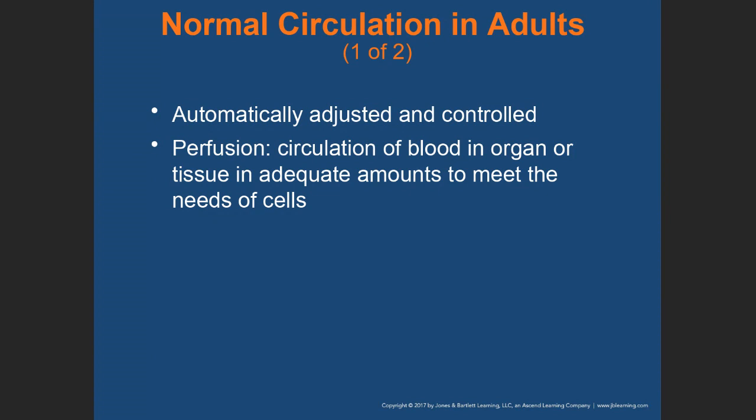Once they have enough oxygen and glucose, this is referred to as aerobic metabolism. So aerobic metabolism is what the cells want. This is going to give them the right energy production. And that is the process of perfusion.